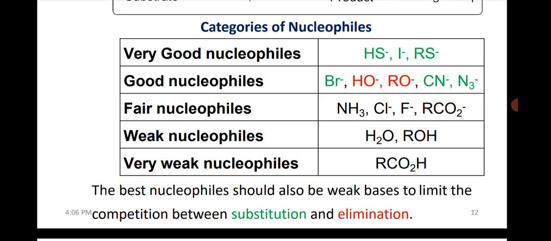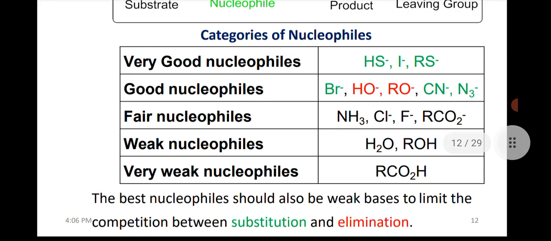Okay, so the best nucleophile should also be a weak base. This is a very important thing. The best nucleophiles should also be weak bases to limit the competition between substitution and elimination. So here we have drawn the conclusion that substitution is preferred over elimination.